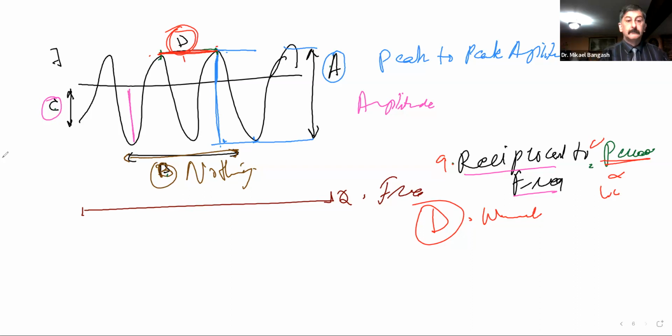The options are A, B, and C. So let's talk about line A, line B, and line C.